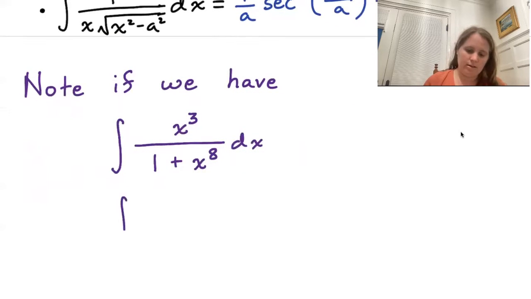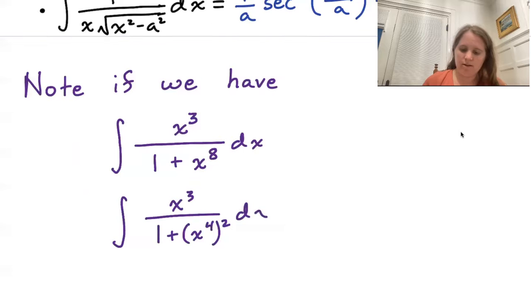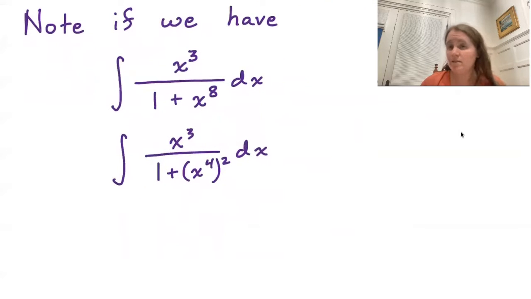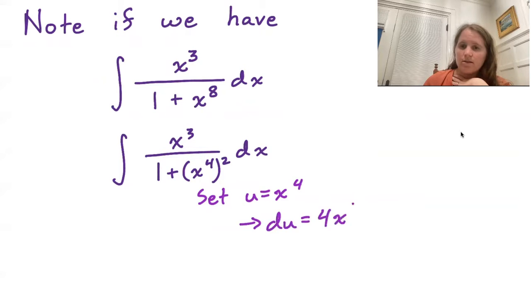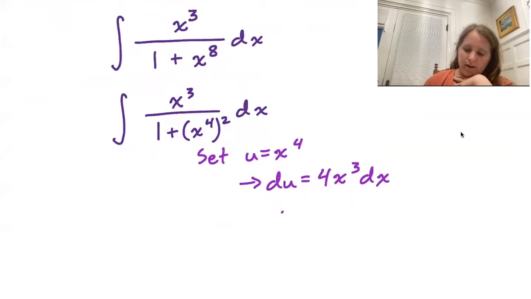We could rewrite this as the integral of x cubed over 1 plus x to the 4th squared dx. And then this will also be a u-substitution. We could set u equal to x to the 4th. Then we have du to be 4x cubed dx, hence why I needed that x cubed up top and couldn't just use x. Or x cubed dx is equal to 1/4 du.